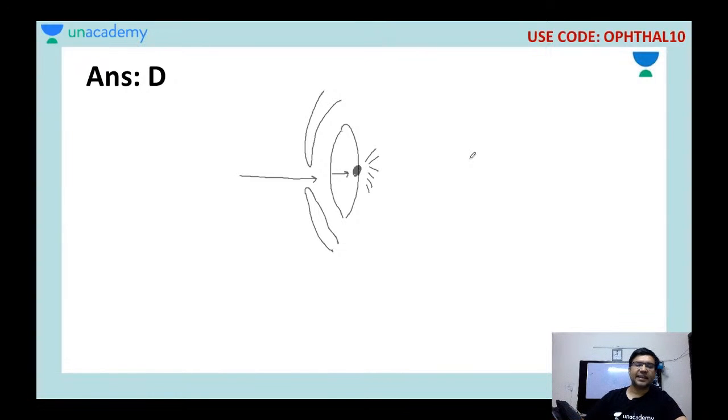Okay, the second is, sometimes this is associated with an opacity which is there from birth. This is called a Mittendorf dot. Now, what we do in these patients, we basically do a cataract surgery and we try to remove this opacity.